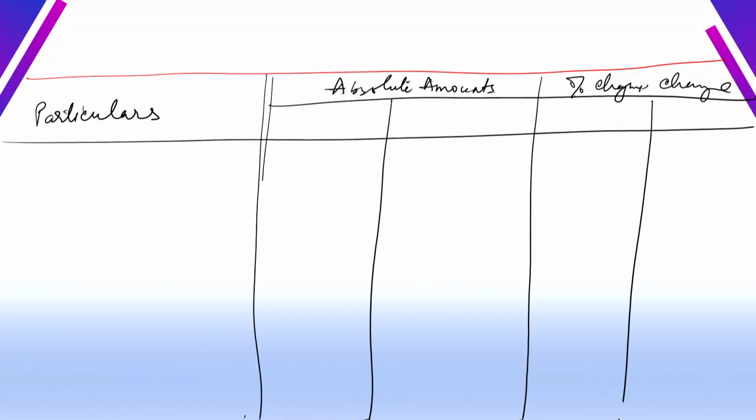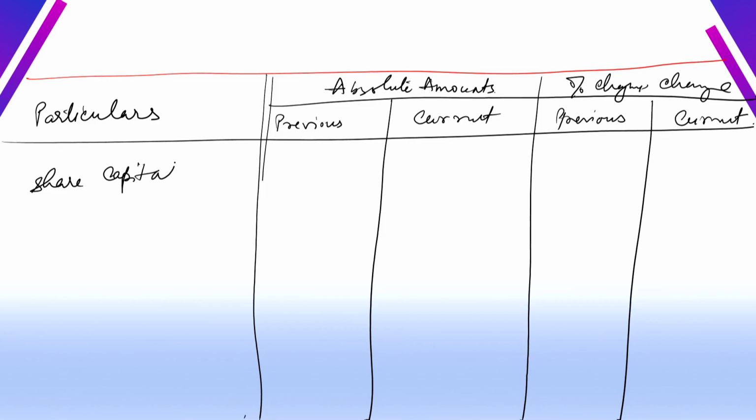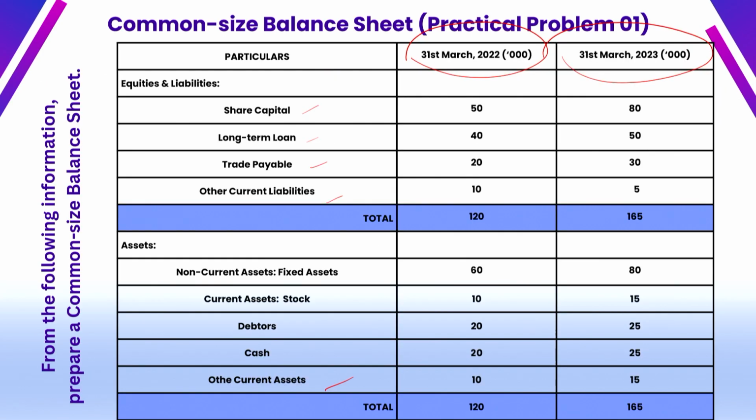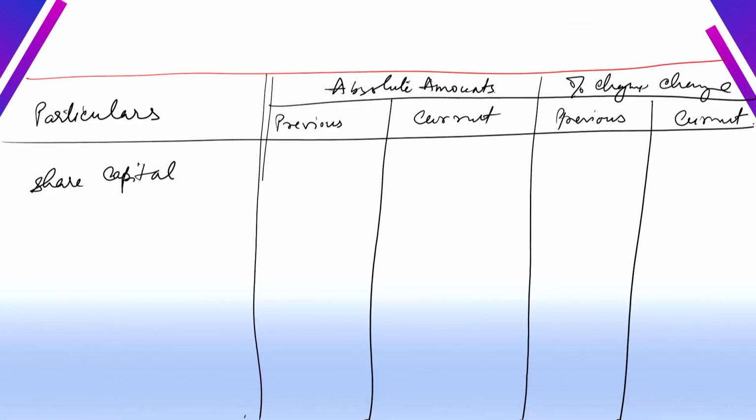The 2 years are the previous and the current year. The very first item is share capital. As you can see in the question, for the year 2022 it is 50,000 rupees and for the year 2023 it is 80,000 rupees.